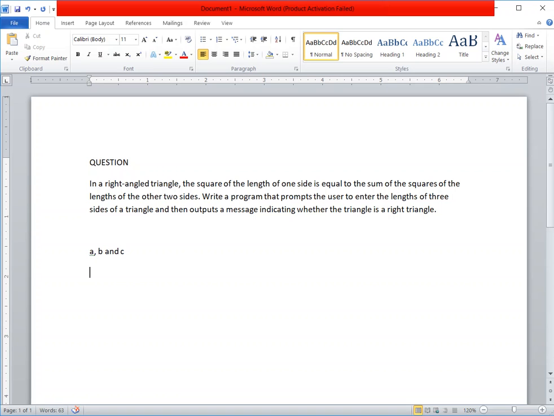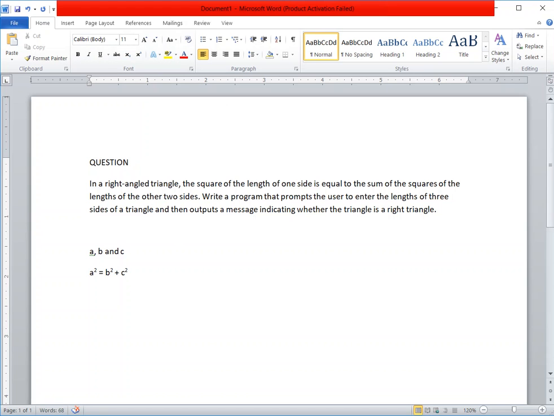it will mean that one of these equations will be valid. Either A squared is equal to B squared plus C squared. Yes, that is one which is supposed to be valid.